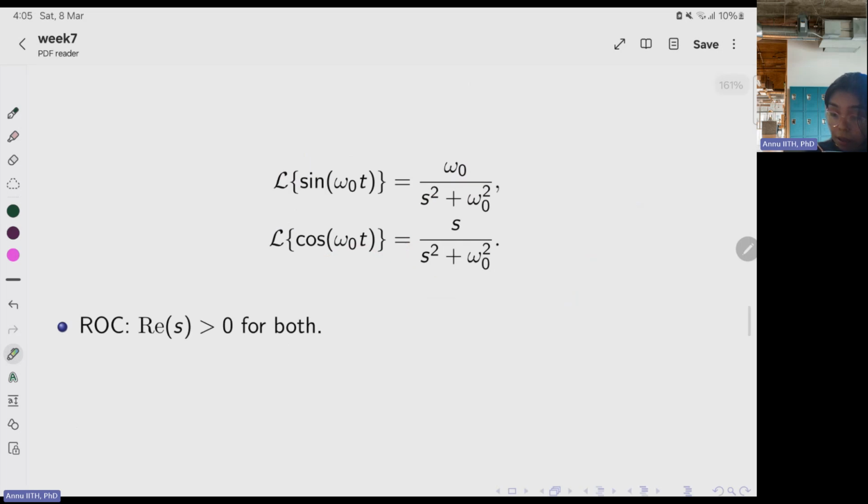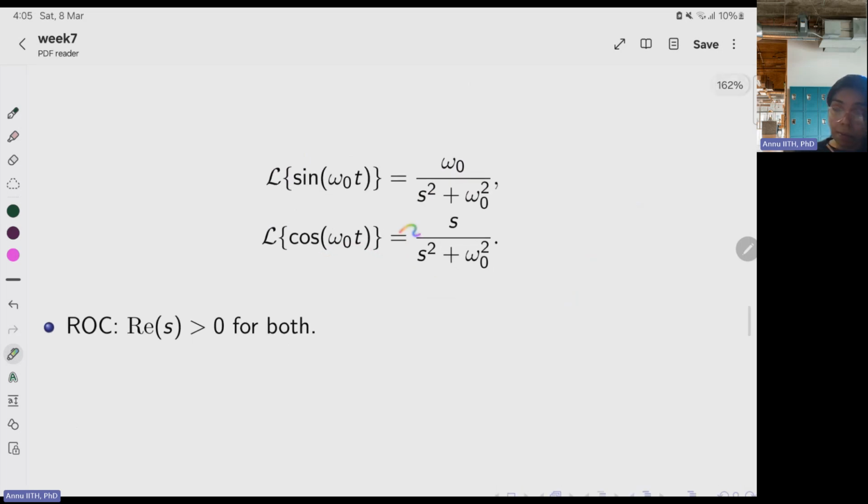So for sine omega naught t, the Laplace transform is omega naught divided by s squared plus omega naught squared.